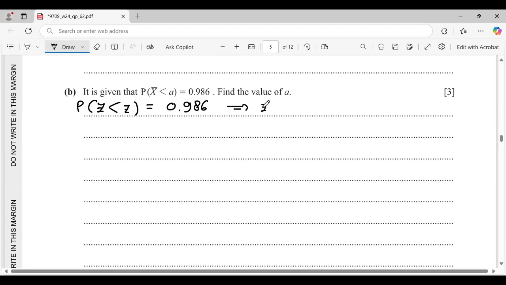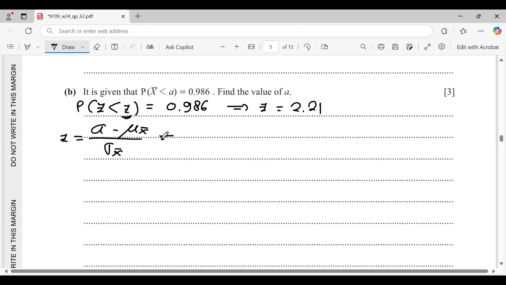So this z equals 2.21 from the Z table. Use the Z-score formula to find A: Z equals A minus mu, over the standard deviation of the mean.